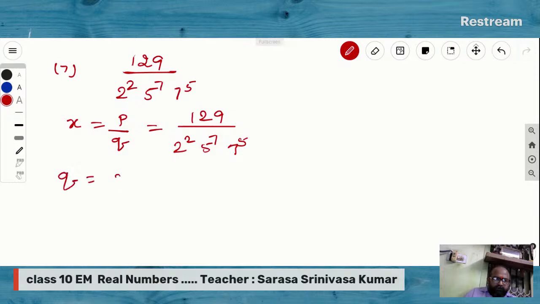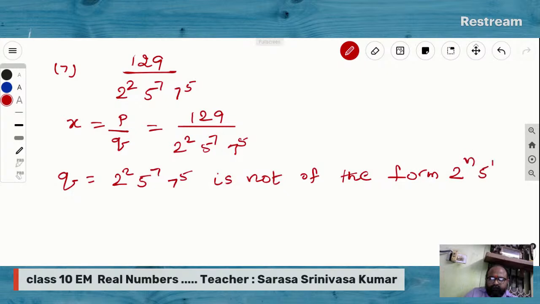Q equal to 2 square 5 power 7 7 power 5 is not of the form 2 power n 5 power m. We must have only 2 power and 5 power. So this is not of the form.